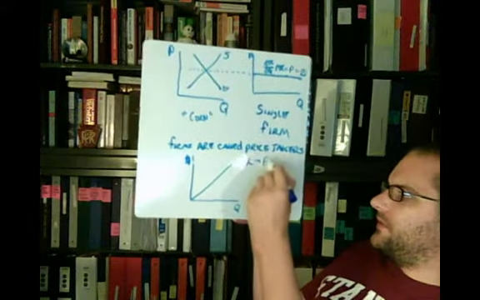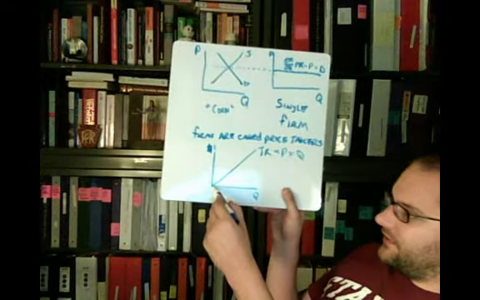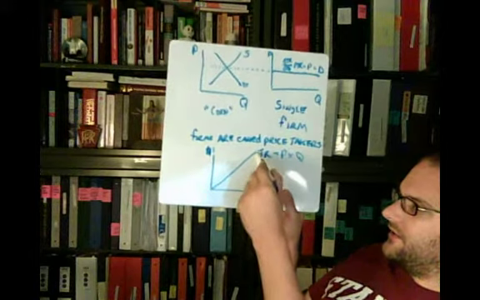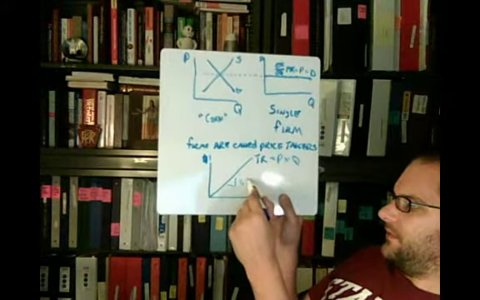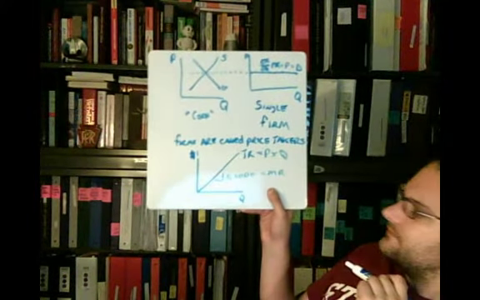Now, what that would then also mean is that if we were to graph out the total revenue, which is equal to P times Q, this would be starting at 0, right? 0 units sold, so no revenue to be earned, and this would be increasing at a constant rate, where the slope is equal to the marginal revenue.